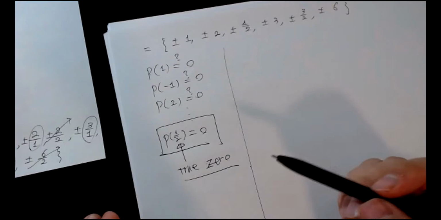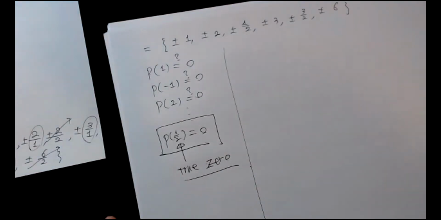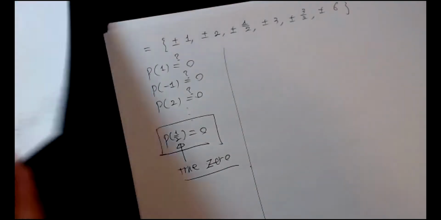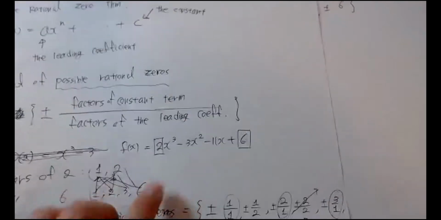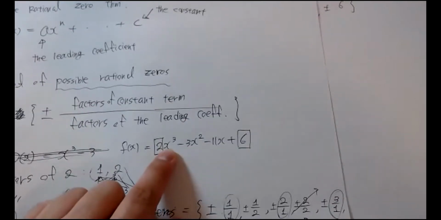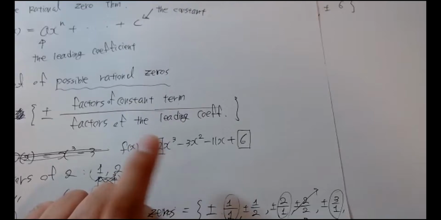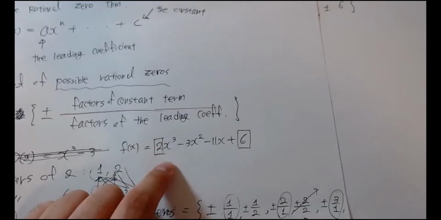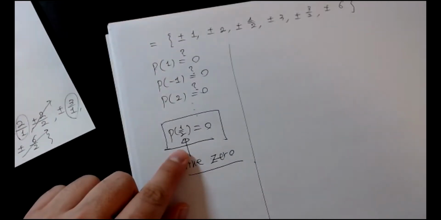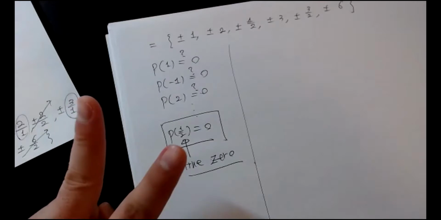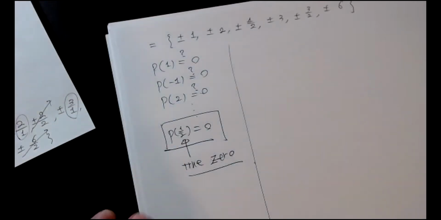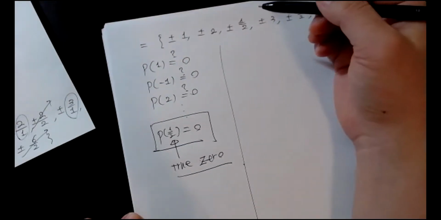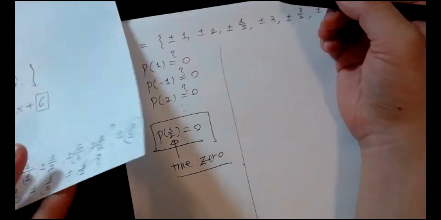The problem says to find all real and imaginary zeros. You see that the degree of the polynomial is 3. Then by the fundamental theorem of algebra, this has at most 3 zeros. But we just got one zero, so we have to find two more zeros. How can I do that? We use synthetic division.